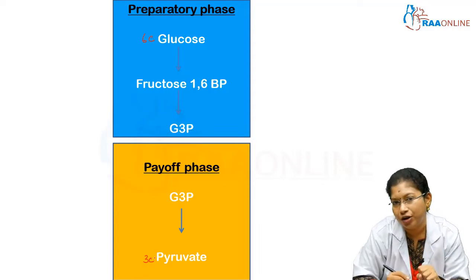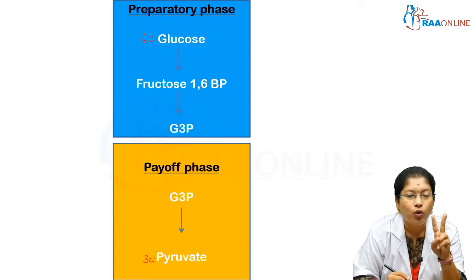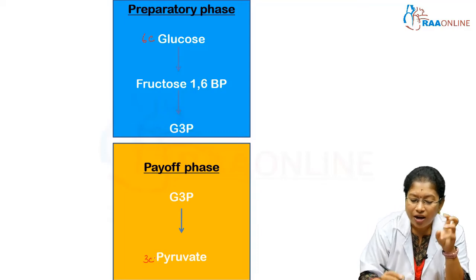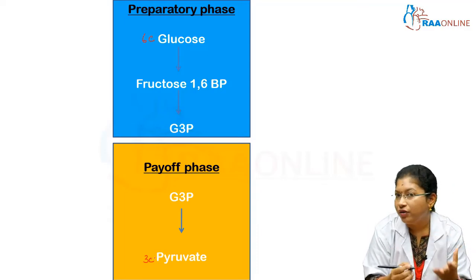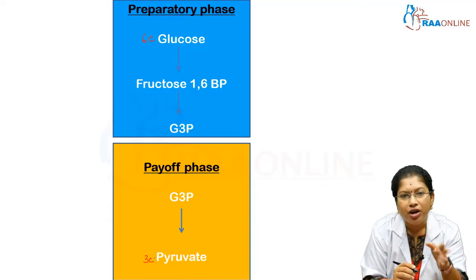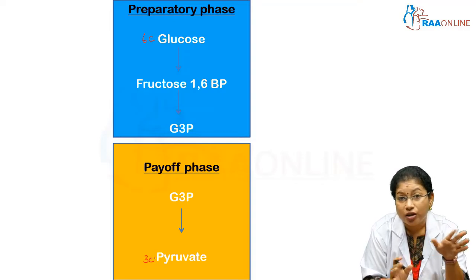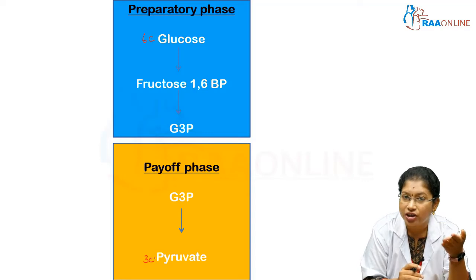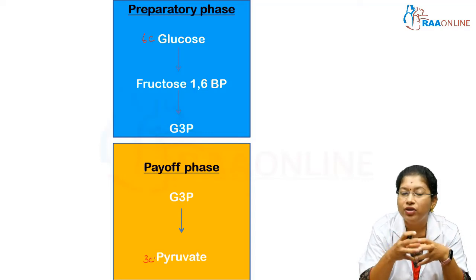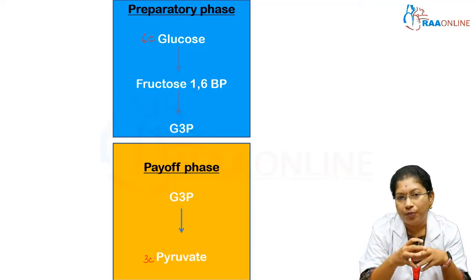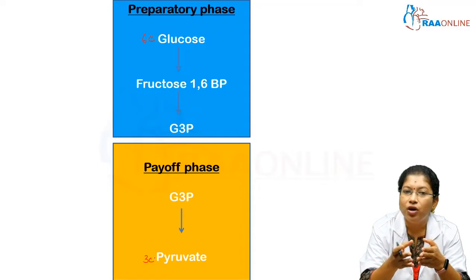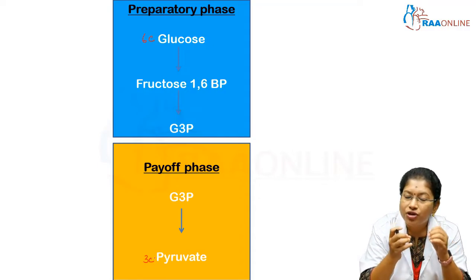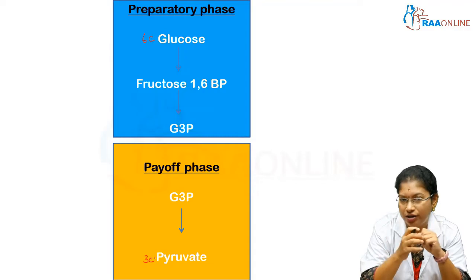What happens in the preparative phase? First, there are two priming reactions. A priming reaction is nothing but an activation reaction. In every metabolism, the first reaction should be an activation reaction, where a phosphate group is added. The phosphate group is given by ATP. So the first reaction is always an activation step.